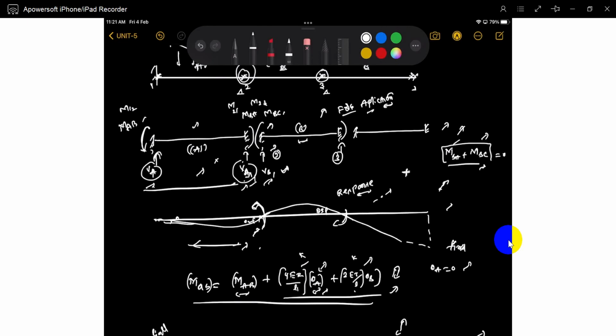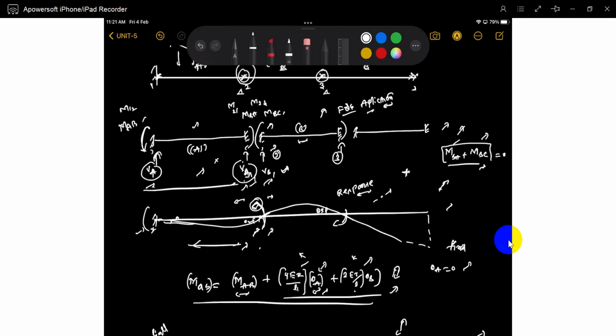If you generally observe, the moment here is released. If you release the moment, you will get the deformation. If you restrict the rotation, then only moment is generated. Here we release the moment. Moment is 0. Generally MBA is there, MBC is there, both are opposite to each other, equilibrium equation.